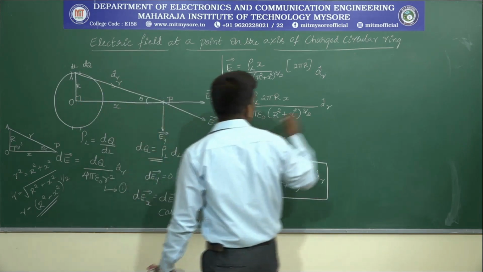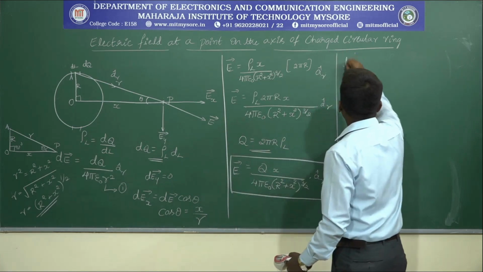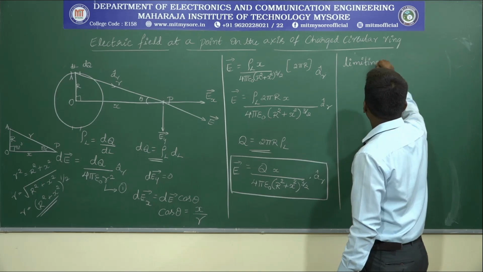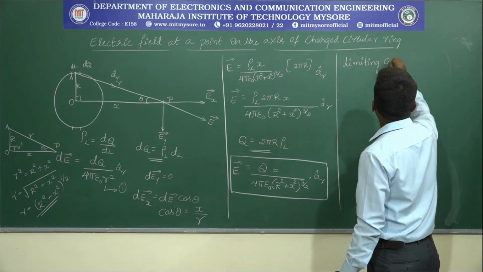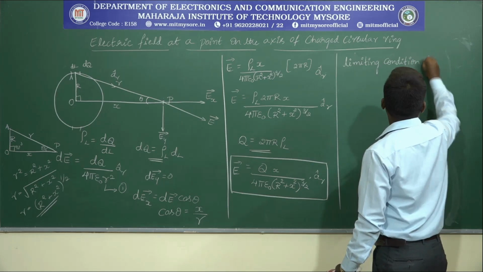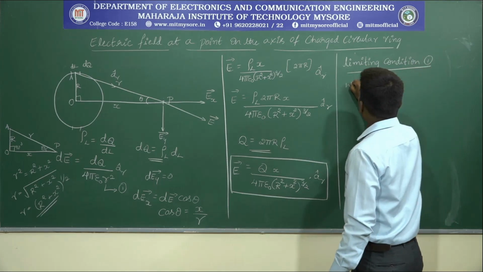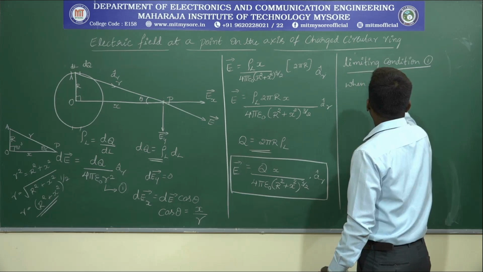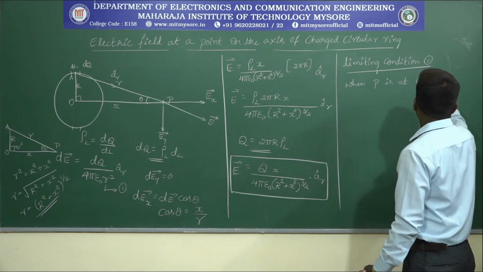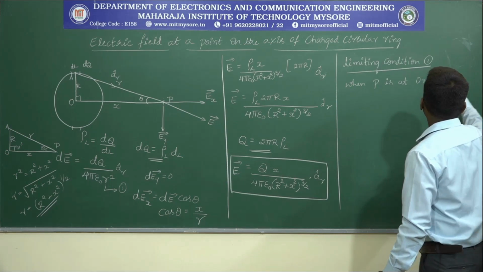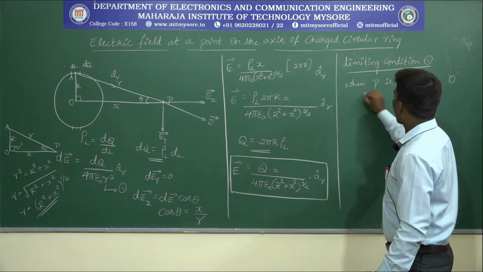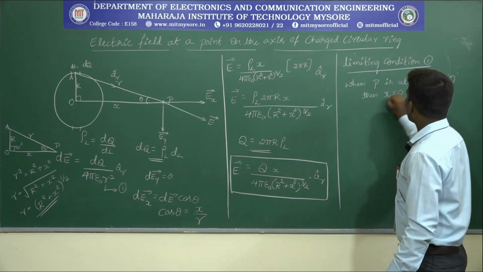So, limiting condition 1: when P is at origin O, then x is equal to 0.